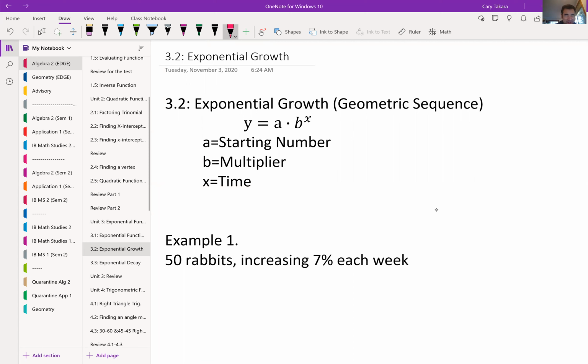Who has rabbits? Actually, it's funny, well, I don't know if you call this funny. I had a friend who had rabbits, and it wasn't for pets, but for consumption, to eat.